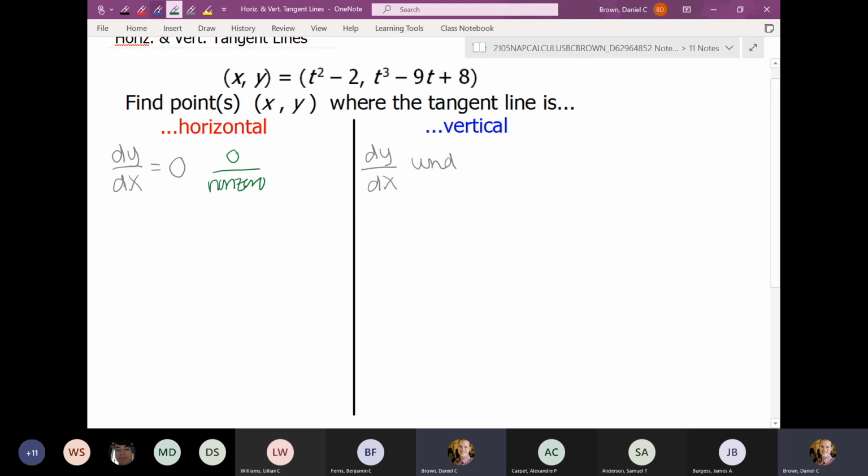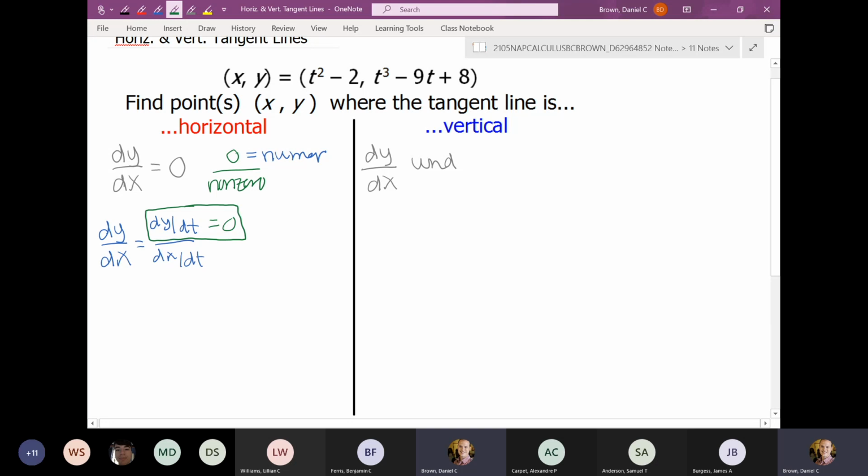But basically a horizontal tangent line is when the numerator is equal to 0. Well, thinking about these functions that are defined parametrically, we have dy dx. Where does that come from? dy dt over dx dt. How are we going to find a horizontal tangent line? That's going to be when dy dt is equal to 0.